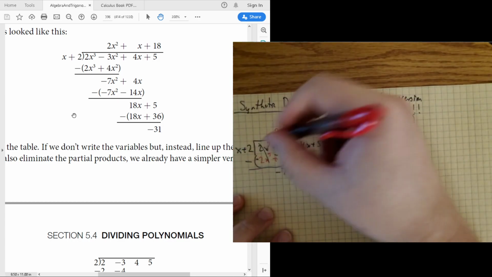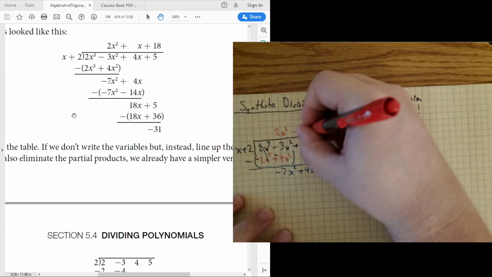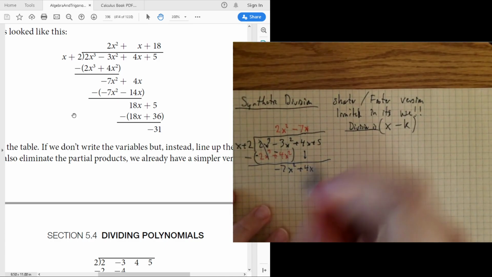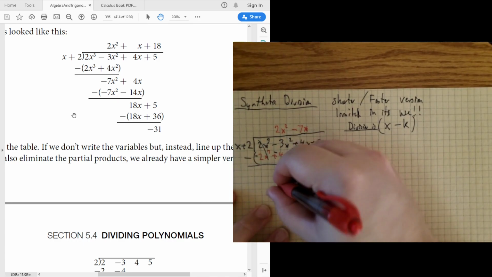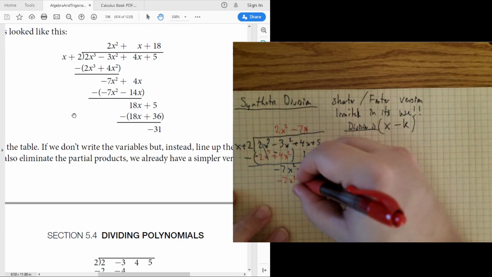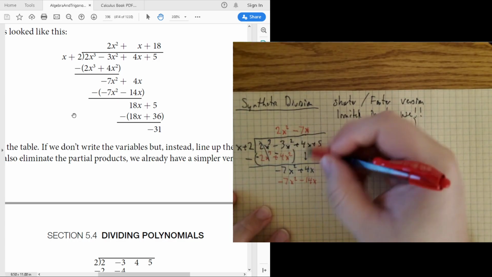Well, we want to make x become negative 7x squared, so it would be negative 7x. So x times negative 7x would become negative 7x squared. They match. That's perfect. Negative 7x times 2 would become negative 14. Note you have to make sure to distribute. Negative 7 times 2 is negative 14.